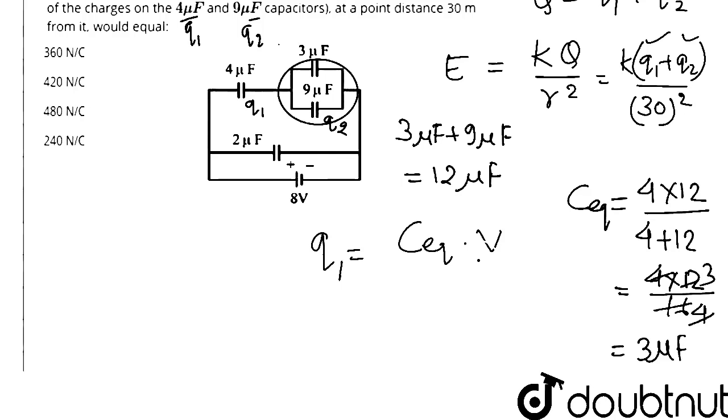So C equivalent is 3 microfarad. Substituting, 3 into the voltage of 8 volt, we get Q1 equal to 24 microcoulomb.